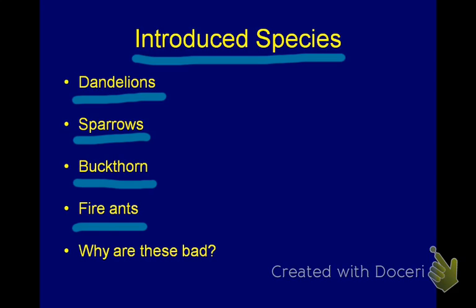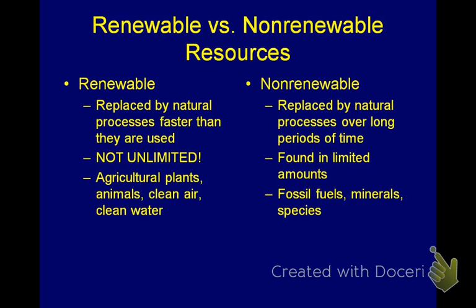Fire ants don't have any natural predators. They're moving up through our nation from the south. We talked about why these are bad. If you don't have a natural control, a natural predator for any of these introduced species, or they have a reproductive advantage, then they're going to crowd out the naturally occurring species in an ecosystem.